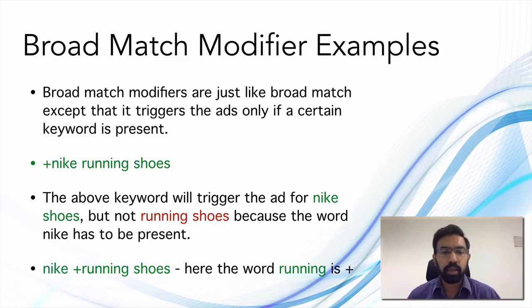So here, let's say Nike plus running shoes. Here the word running is with a positive sign. Here the ads will be triggered only if the keyword running is present. So even if someone searches for Reebok running shoes, the ads will still trigger. But if someone is searching for Reebok shoes, the ads will not trigger, because we have given plus running, which means that the word running is absolutely mandatory here.